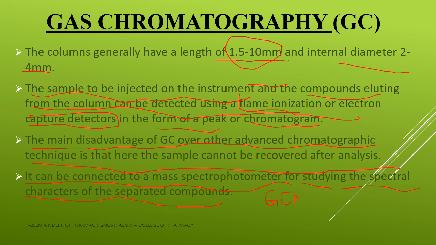If it is coupled with mass spectrophotometry, then the spectral characters of the isolated compounds can be studied, and this is known as GCMS.